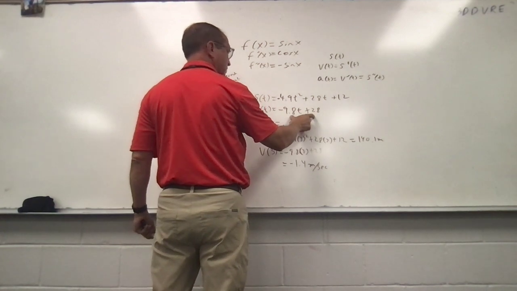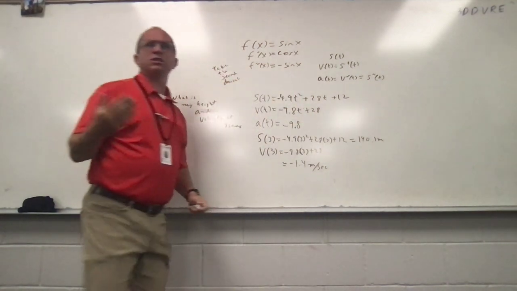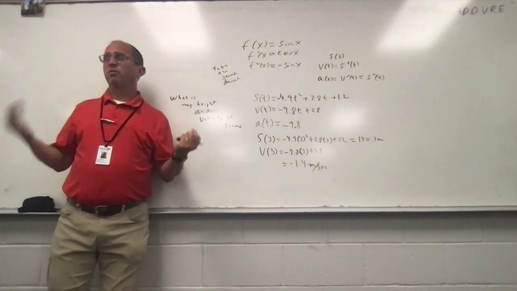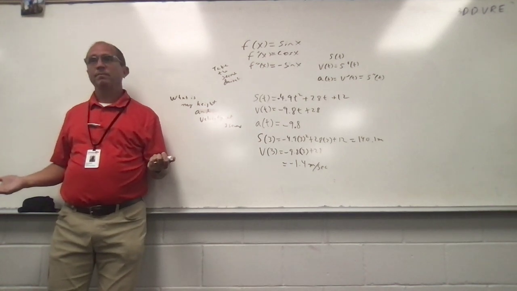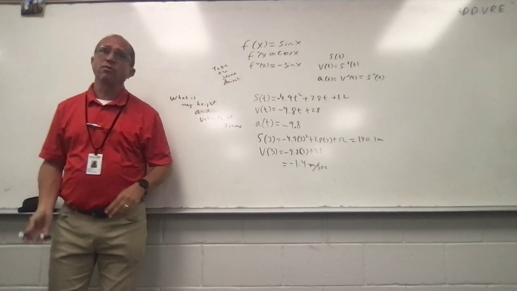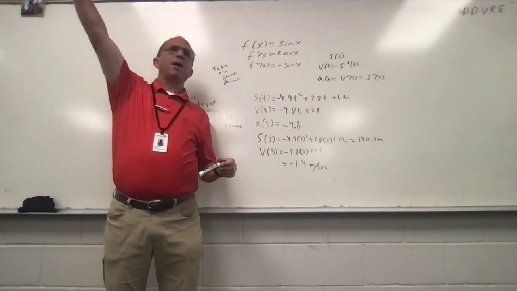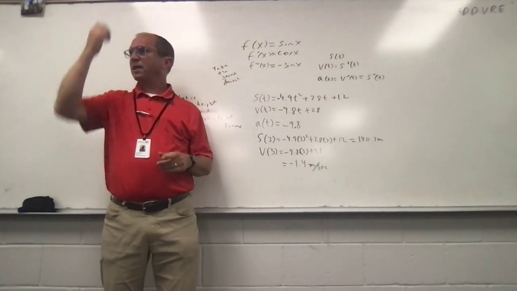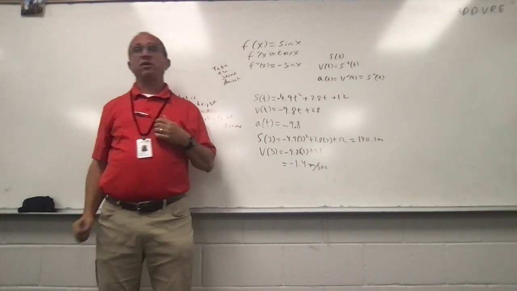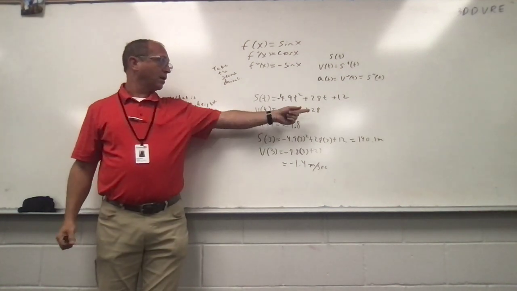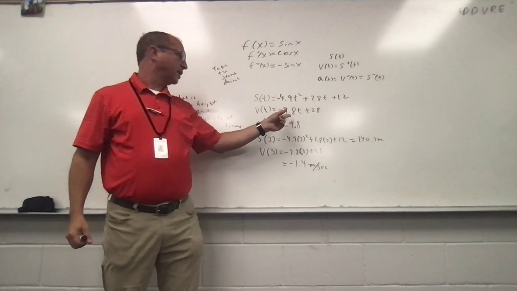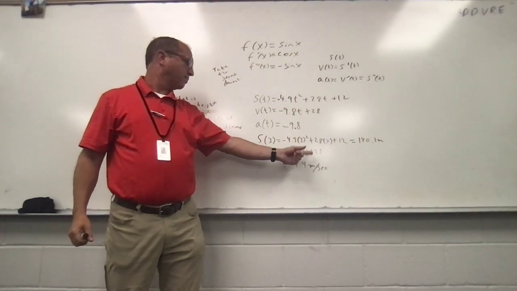So basically what this is saying is the initial position does not matter for velocity. Someone could stand on the ground and throw this object up, and someone could stand on top of the roof and throw this object up. And if they had the same velocity leaving, then they'd have the same velocity.